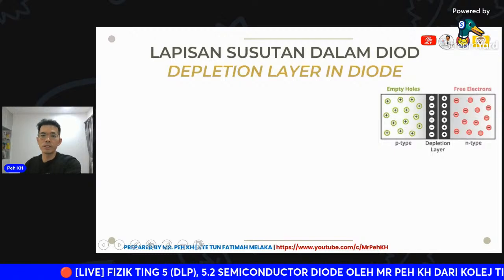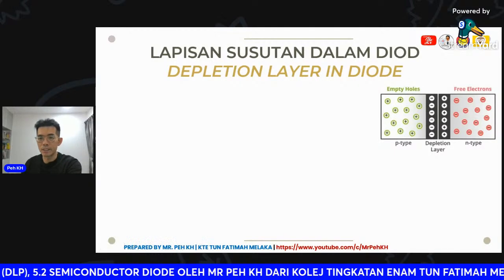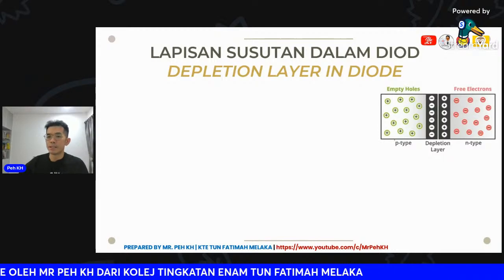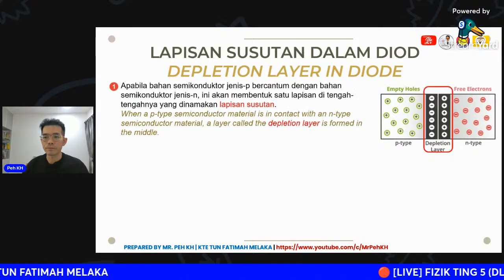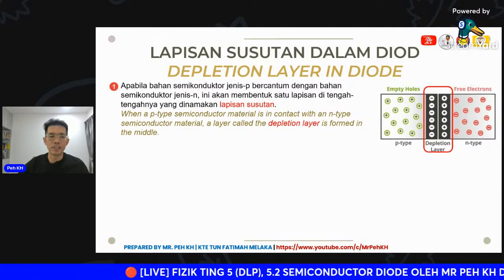Okay, so there is a layer we know as the depletion layer in the diode, which lies between the P-type and N-type semiconductor. It is this part that I boxed with the red line.